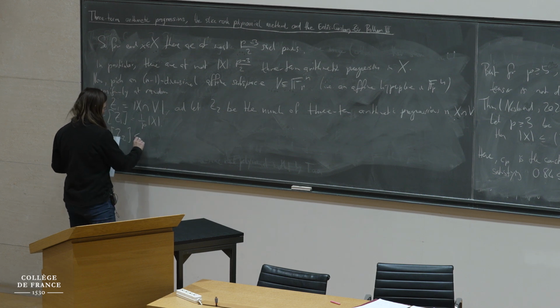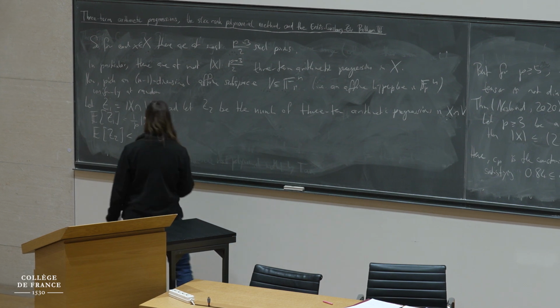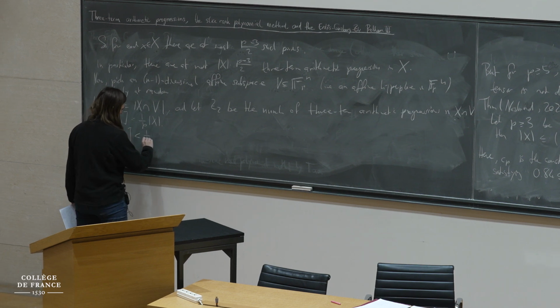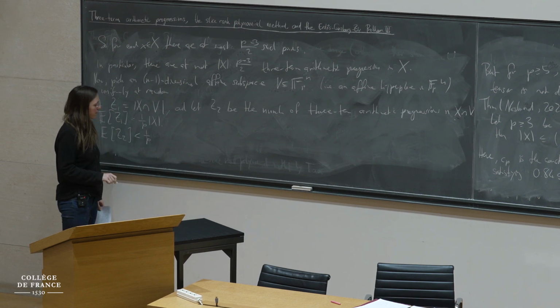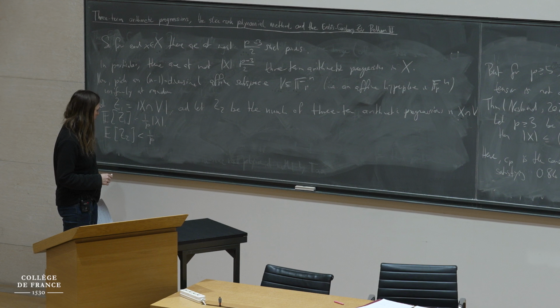Well, the first point of the three-term progression lies in V with probability 1 over p. The next point lies in V subject to the first point lying in V, and the probability is actually a little bit smaller than 1 over p, but roughly 1 over p.